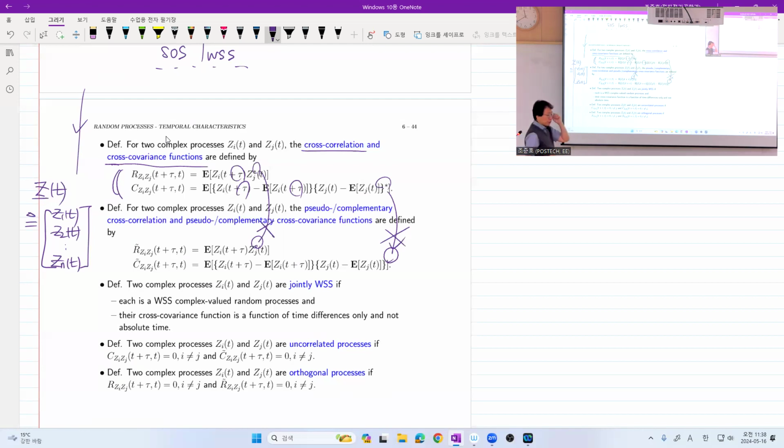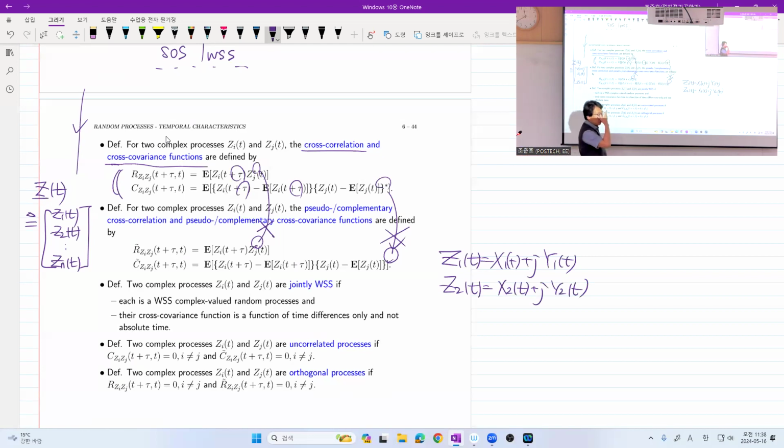Now, what would be the definition of jointly wide-sense stationarity of two complex-valued random processes? Suppose Z1 is X1 plus jY1, and Z2 is X2 plus jY2. Now you want to talk about joint wide-sense stationarity of two random processes Z1 and Z2. What would that be?